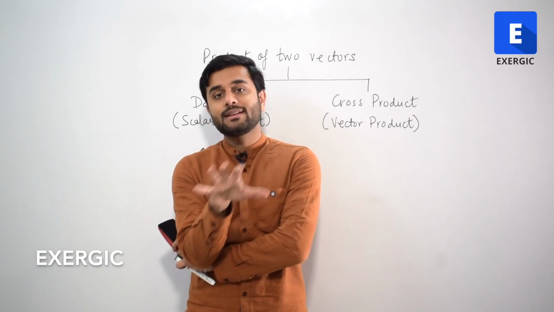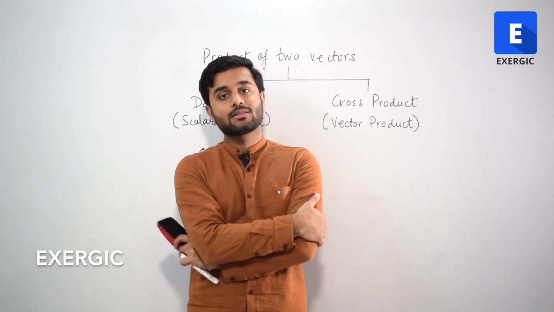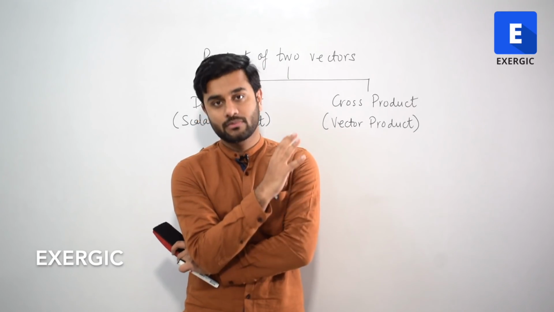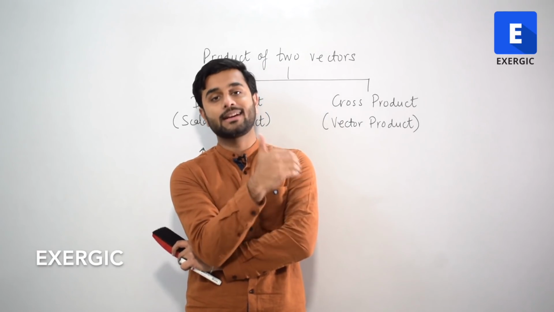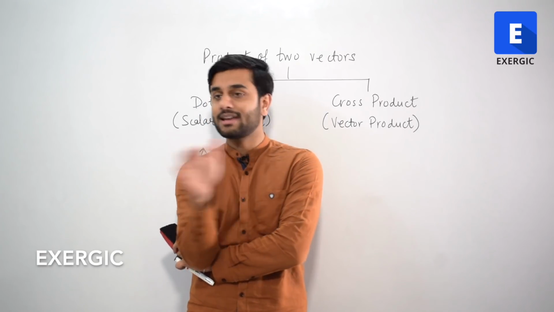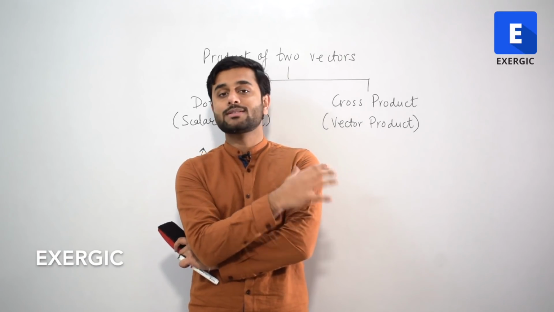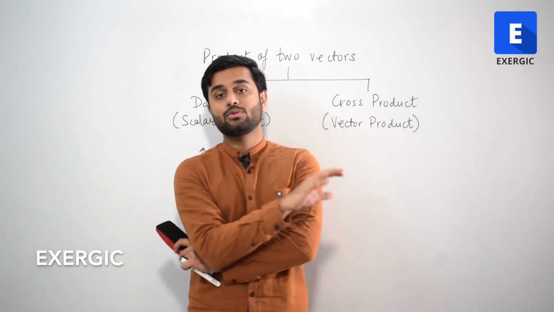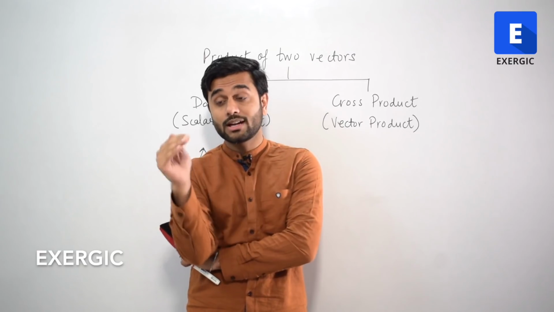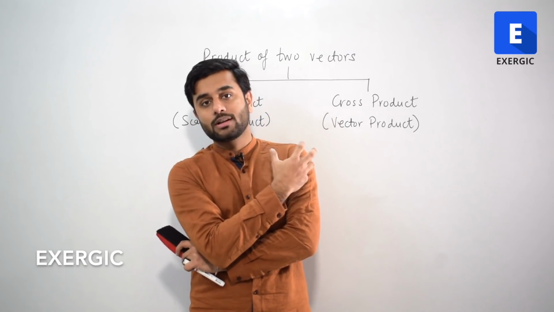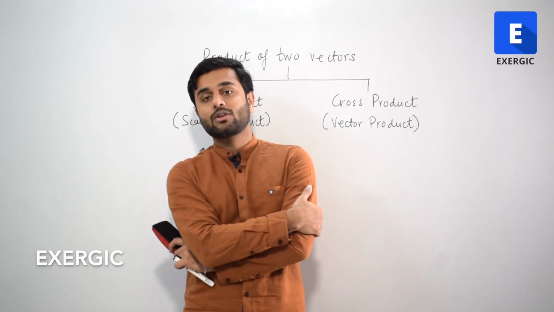On that basis, we have two categories of product of two vectors. Both of them have different purposes. The product here is not as direct and simple as it was in scalar multiplication. Both of them are totally different in what they are trying to achieve. One product is called the dot product and the other is called the cross product.